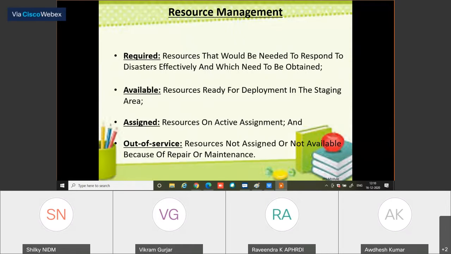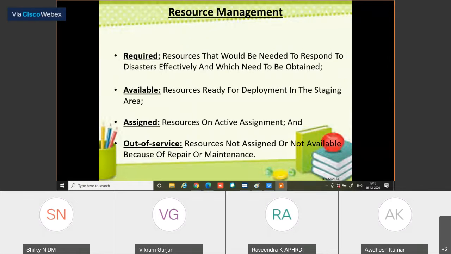It tracks resources on active assignments, resources available with us that may be required in the future course of action during this entire operation, and out-of-service resources which are not assigned and not available because of repair or maintenance, so that they can be sent for repair or maintenance for future use.